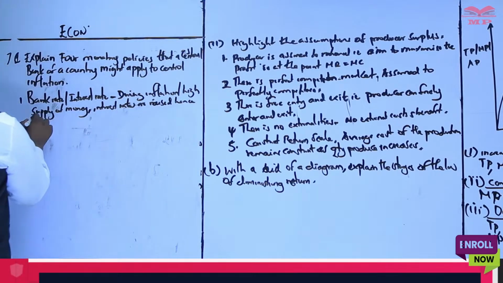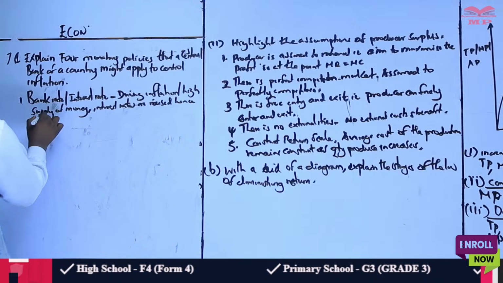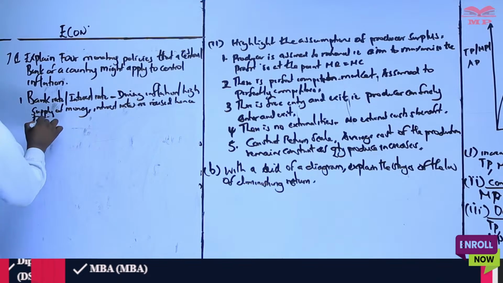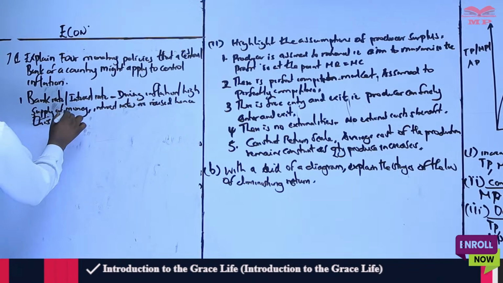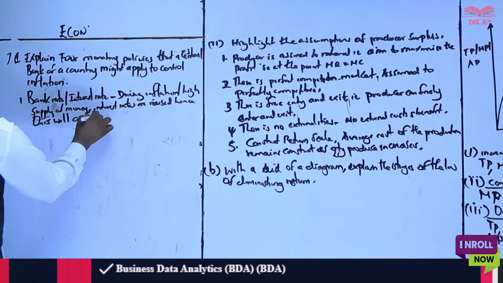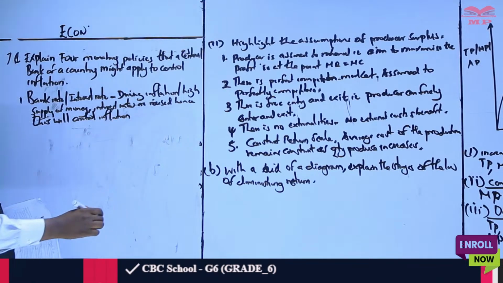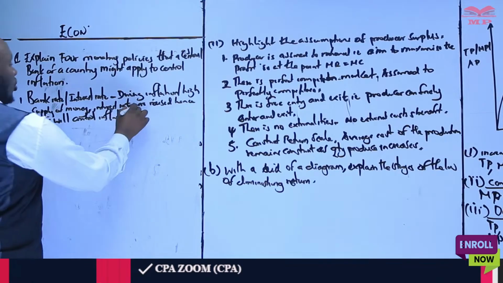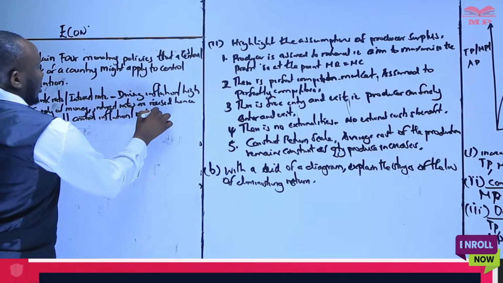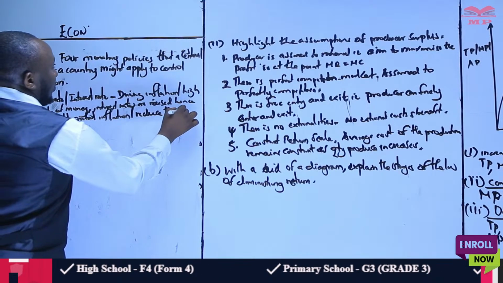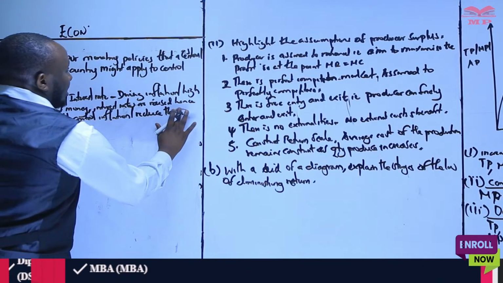Hence this will control inflation, stroke reduces the high supply of money.